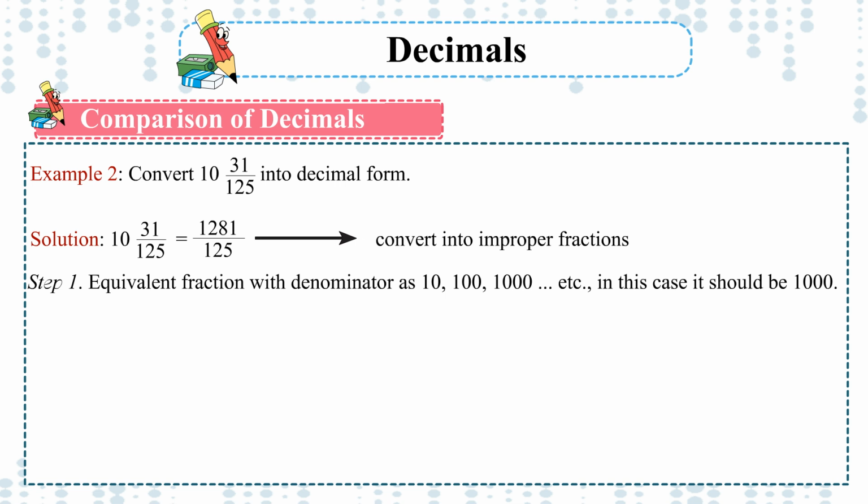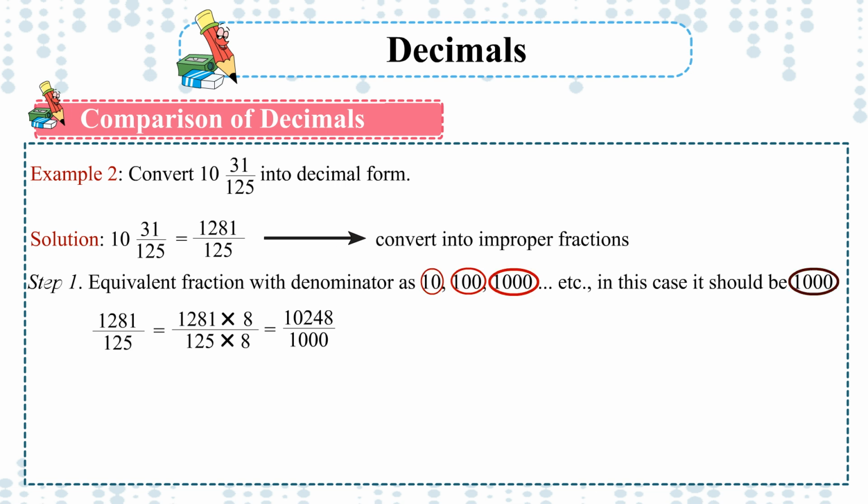Equivalent fraction with denominator as 10, 100, 1000, etc. In this case, it should be 1000. 1281 upon 125 is equal to 1281 multiply 8 upon 125 multiply 8, is equal to 10,248 upon 1000.